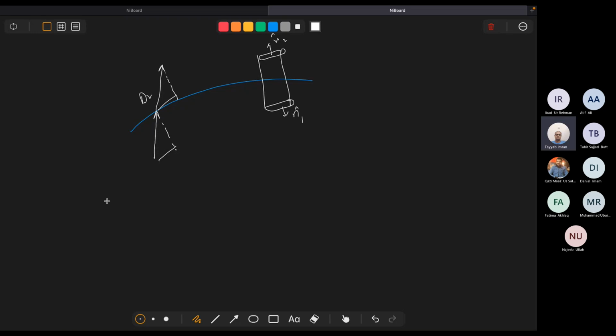So this is medium 1 here, this is medium 2 here, D1 and D2, D2N or D2. Here is D1 and D1T. ठीक है. So we went through some steps, and we concluded that D1N minus D2N is equal to sigma. So it's non-zero. ठीक है.